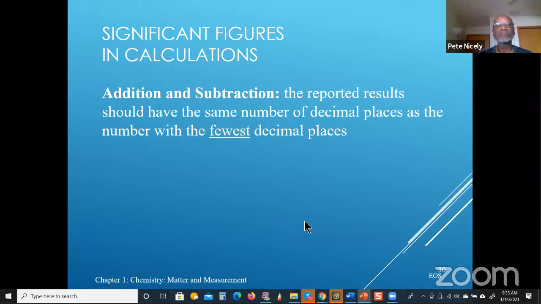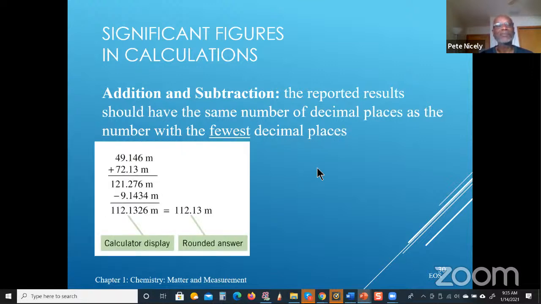In the case of addition and subtraction, according to the rules, the reported result should have the same number of decimal places as the number with the fewest decimal places. So for example, if you're adding 49.146 plus 72.13, and then subtracting 9.1434, and you punch those numbers into your calculator, this is what will appear on your display.